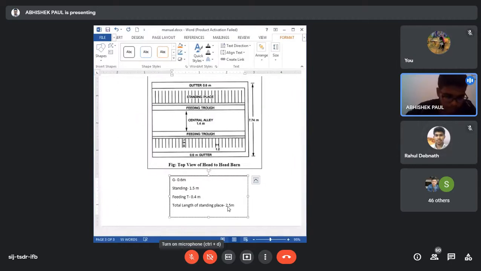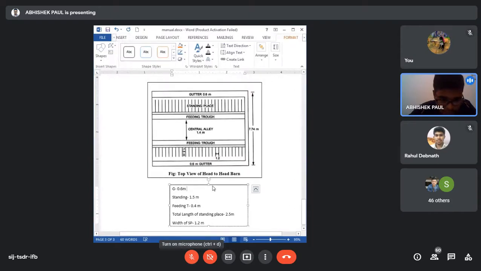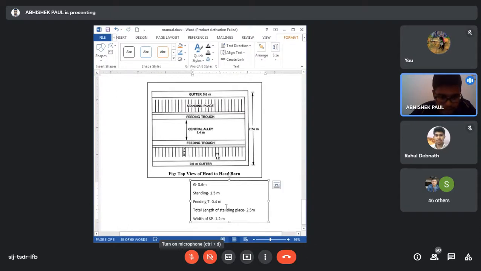Then what about the width of the standing place? The width of the standing place is 1.2 meter. Now we add 2.5 and 1.2.